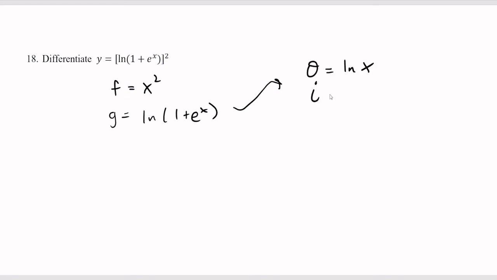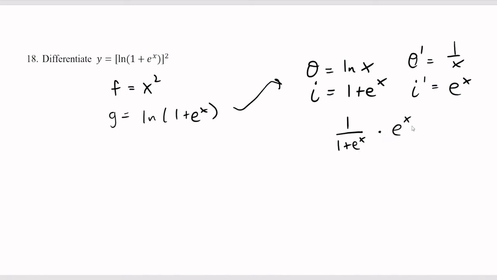The inside function is 1 plus e to the x. Okay, so O prime is 1 over x. I prime is e to the x. And so we know how to do chain rule here. Derivative of the outside is 1 over, plug back in, times the derivative of the inside. So that's going to be altogether our g prime.